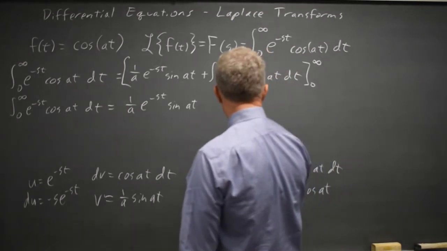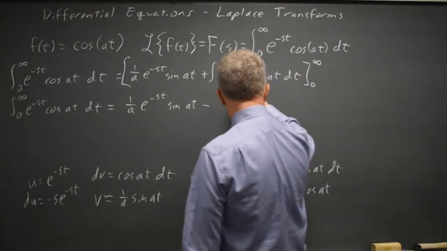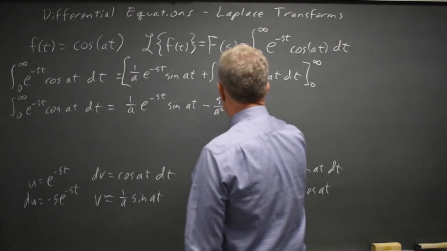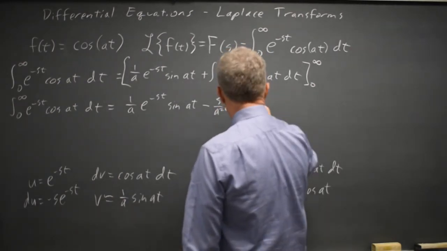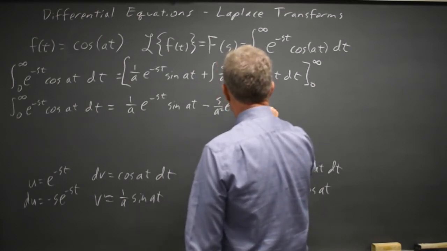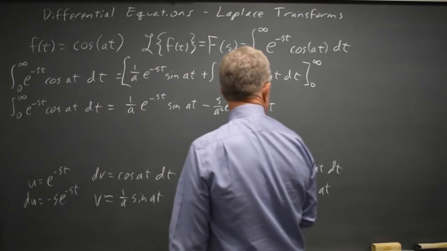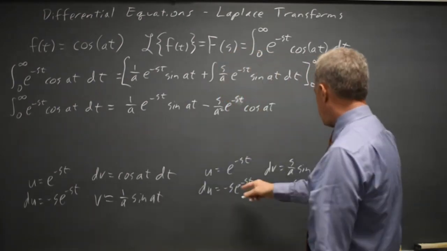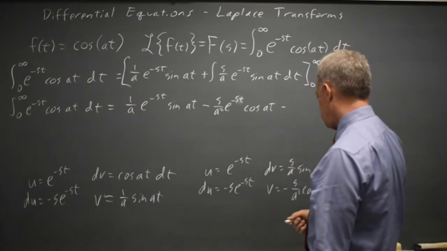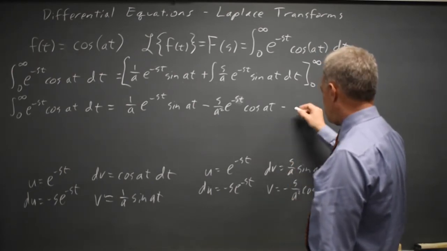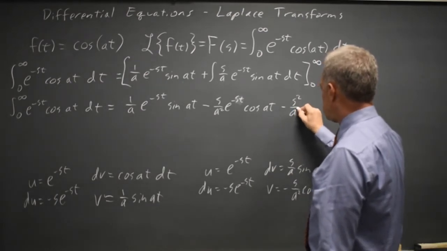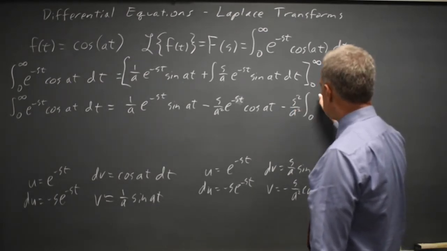So this is uv, minus s over a squared e to the negative st cosine at, and then minus the integral of v du. Minus minus minus is minus the integral s squared over a squared times the integral 0 to infinity.